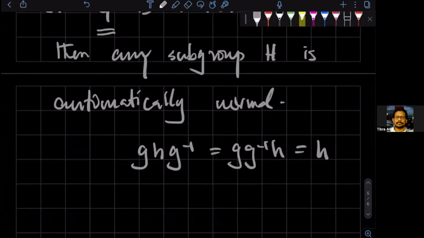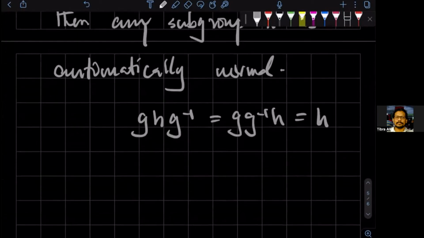So if you have G abelian, any subgroup is normal, and therefore there's an automatic way of constructing a coset group.